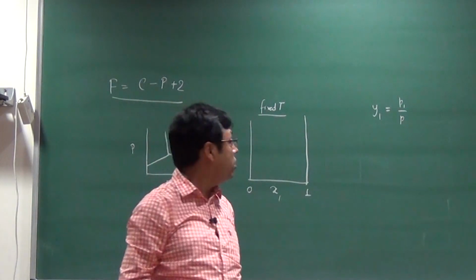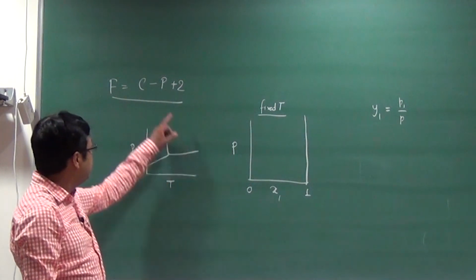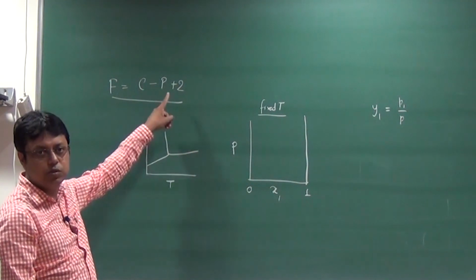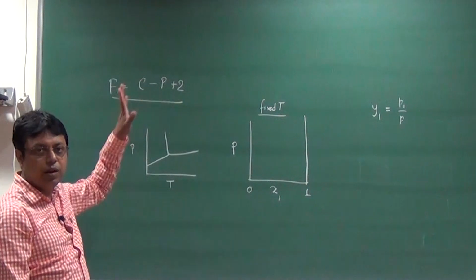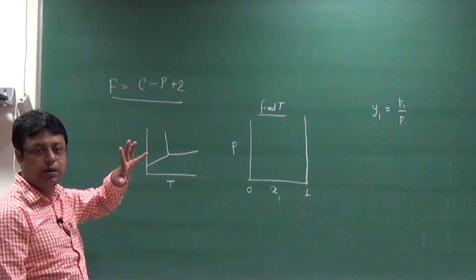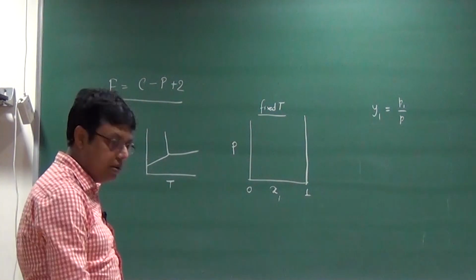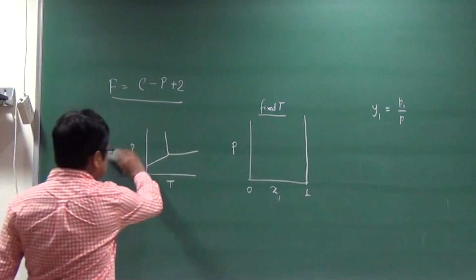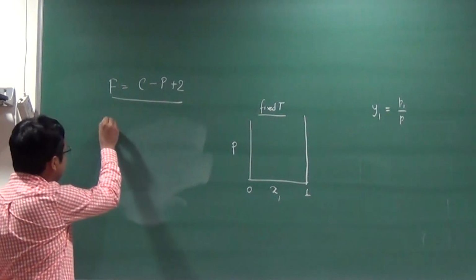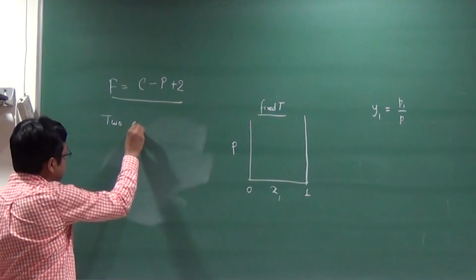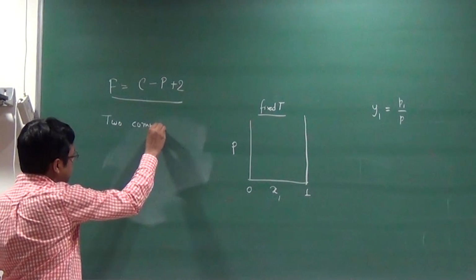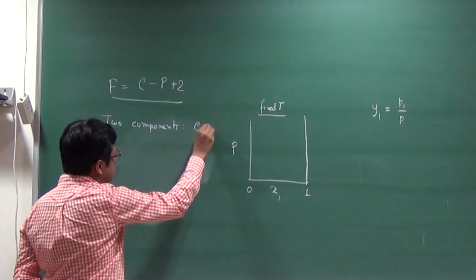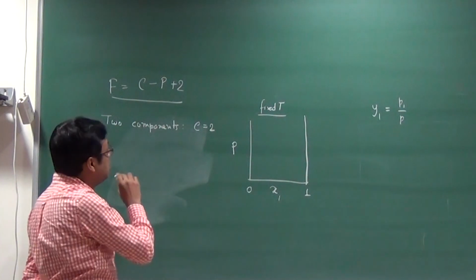Again, for a two component system, what will you have? C is basically 2, so 2 and 2 is 4. It is basically 4 minus P, and it will depend on what your P is. So we are talking about two components, 1 and 2, so C is 2.